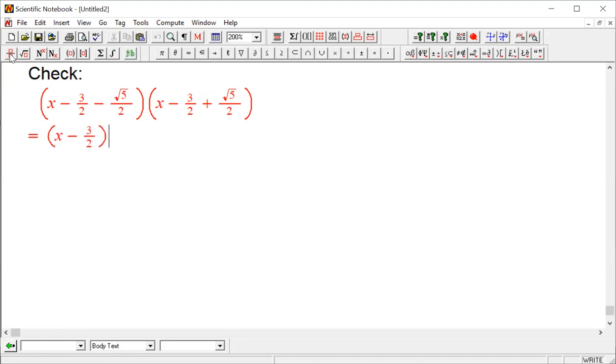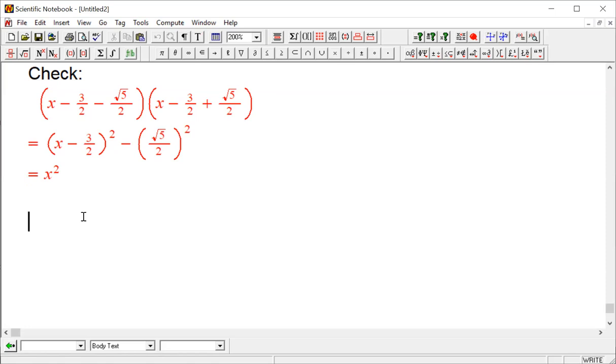So 3 over 2 squared minus B squared, where B is root 5 over 2, squared. And then the previous one we FOIL, so we get x squared. So we basically use the formula here.